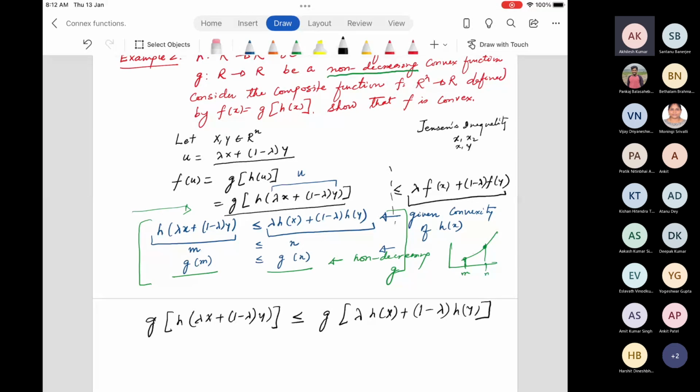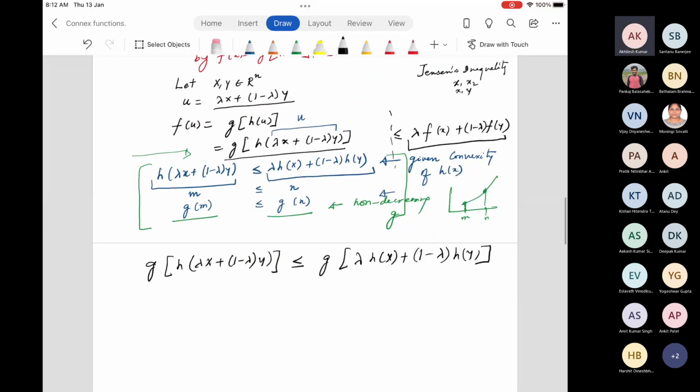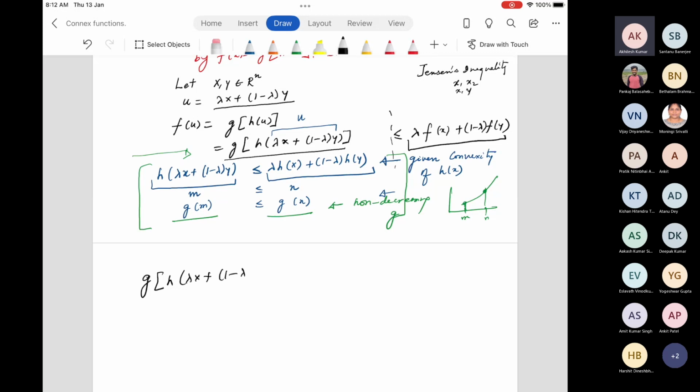Just look at the expression and see if it is satisfied or makes sense. I have written it on the margin. It will disappear when you try to print it. g of h(lambda x plus 1 minus lambda y) is less than or equal to g of lambda h(x) plus 1 minus lambda h(y). See it carefully and tell me.